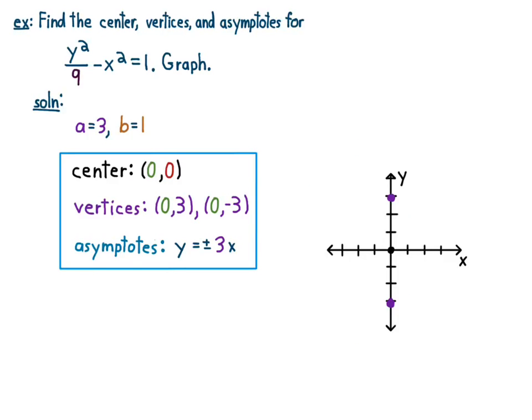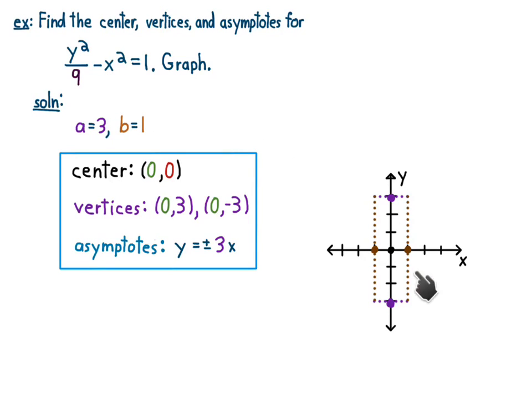Now, let me do this a different way. So let me find the asymptotes in a different way. And either way is fine, whatever you remember. So what I did here is I put in the points for B. So B here is 1. And B is under the x, so B is in the x direction.